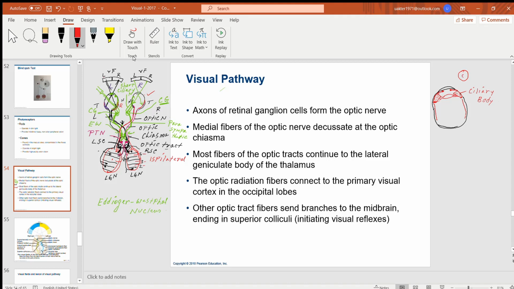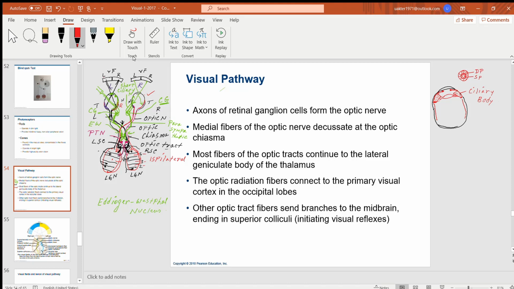Makes sense? So the iris has two types of muscles, you already know. This is the pupil, and around the pupil you have the circular or sphincter pupillae muscle, and then around that you have the dilator pupillae or radial muscle fibers. So this is the sphincter pupillae, this is the dilator pupillae muscle.